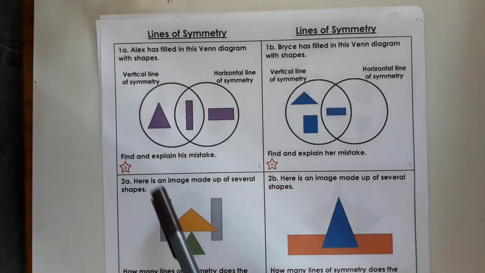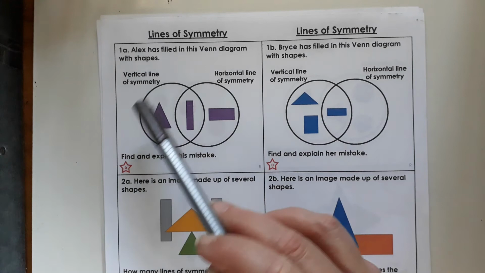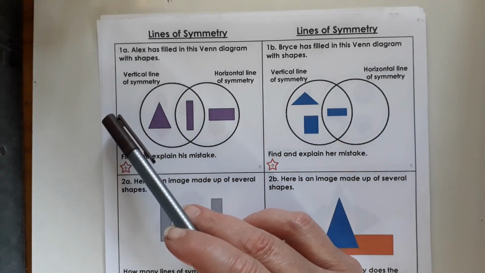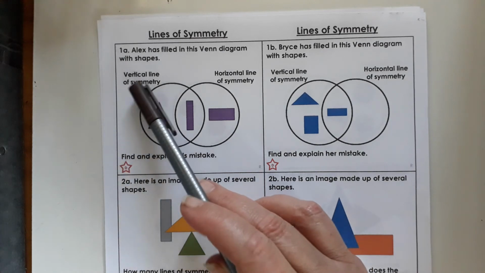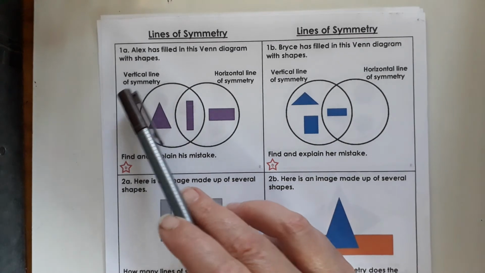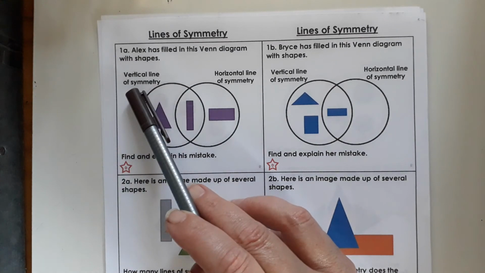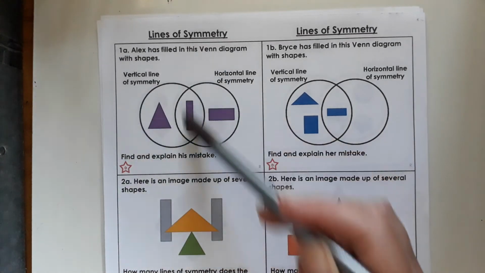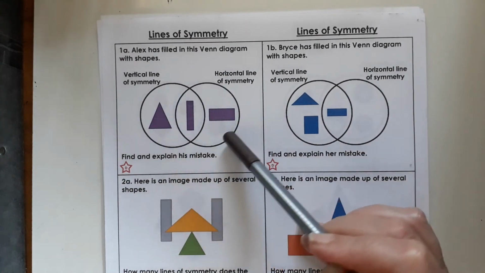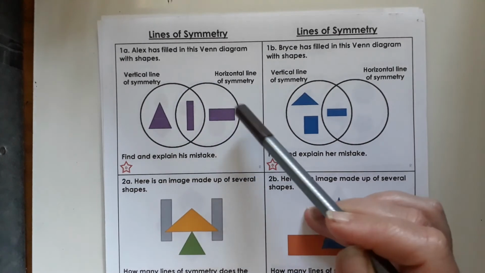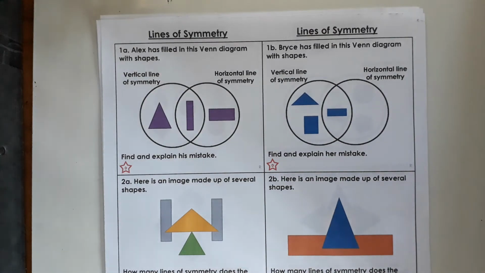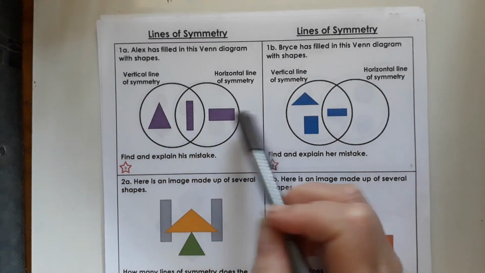If we start looking here, this is a Venn diagram, and you should have used them before. The shapes that go into this first circle will have a vertical line of symmetry, that's the one that goes up and down. The shapes that go into the second circle will have a horizontal line of symmetry, the one that goes from left to right.